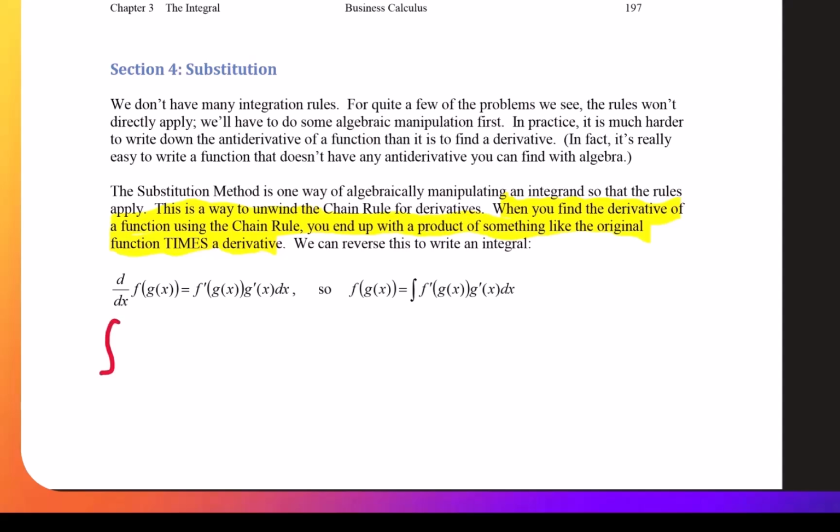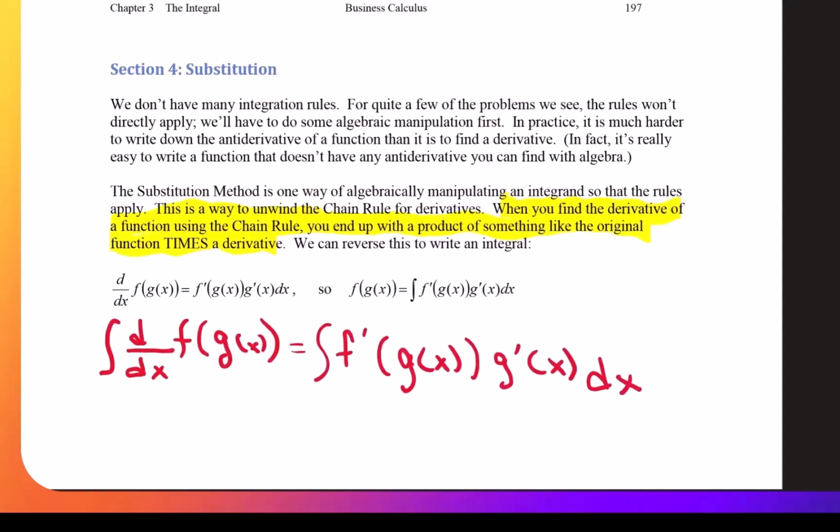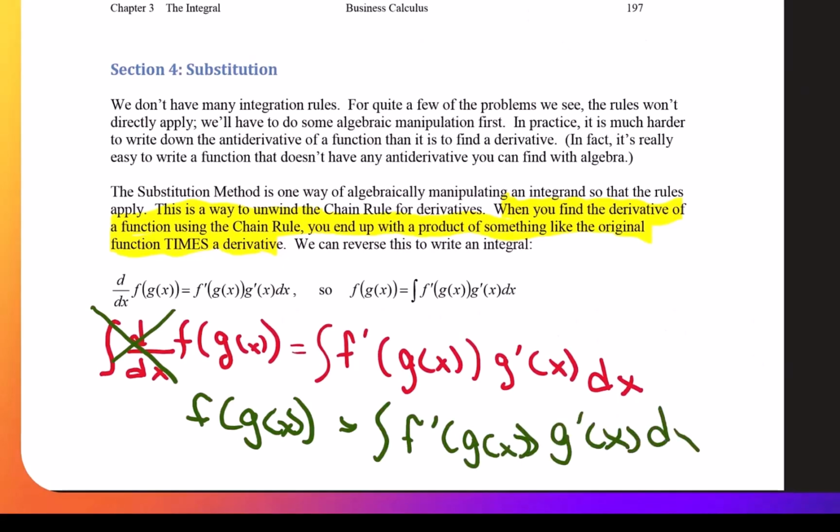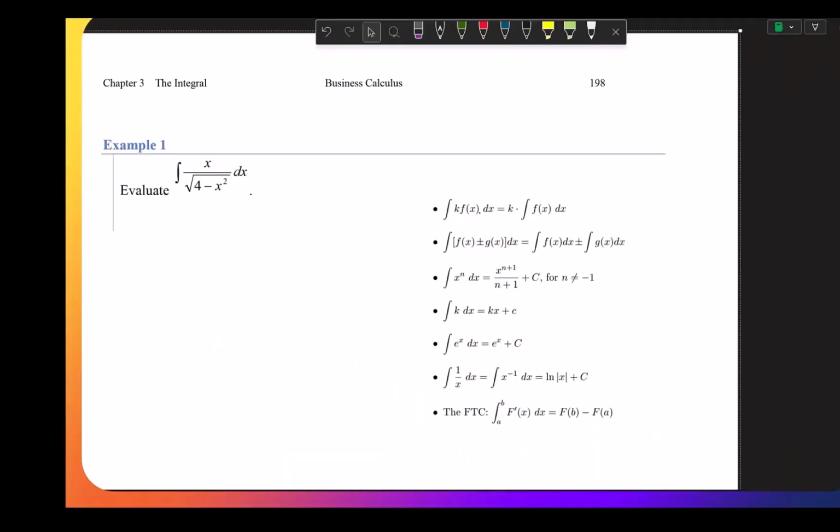If I take the integral of both sides, now on the left side, the derivative and the integral cancel, and I end up with f of g of x. And on the right side, I have the integral of f prime of g of x, g prime of x dx.